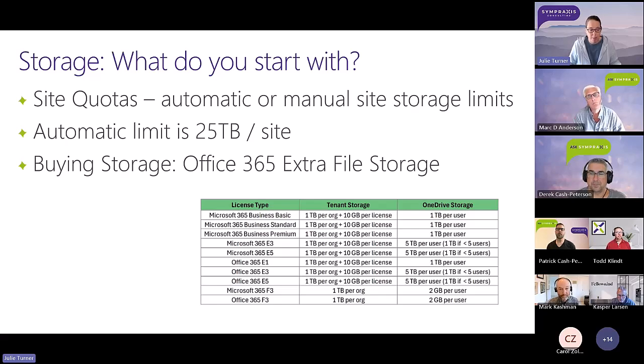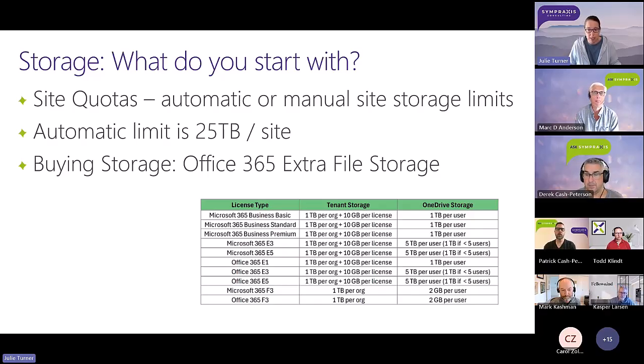If you are on automatic, then each quota for each site is set to 25 terabytes. So every site only gets 25 terabytes. And if you set it to manual storage instead, you can individually manage the quota for each one of the sites. So that's sort of how that works.